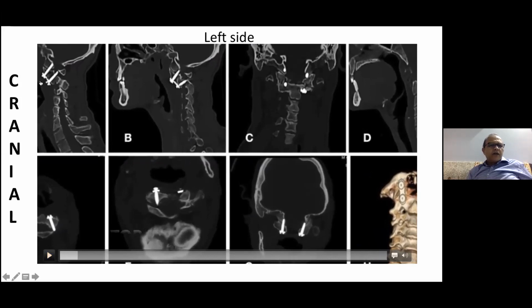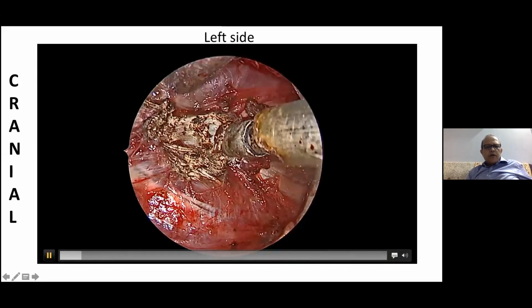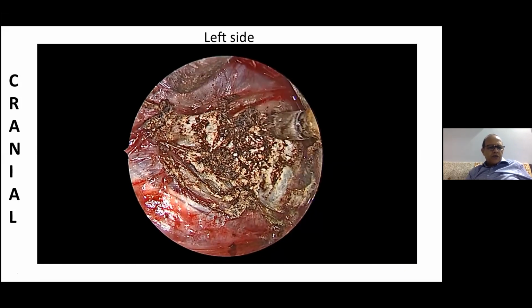Post-operative, you can find the screws in C1 and C2, and the graft between the screws well placed, and then the post-op reconstruction also.